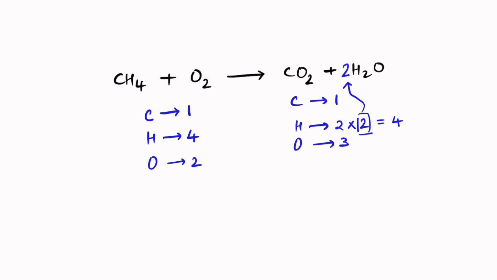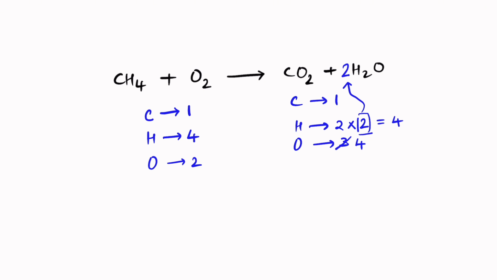But as a result of balancing the hydrogens, this 2 also applies to the oxygen in this molecule. So we have to do a recount for the oxygens. Now we have 2 out here and then 2 out there. So the new number of oxygens is not 3, rather 4. At this point, let's go ahead and balance the oxygens.